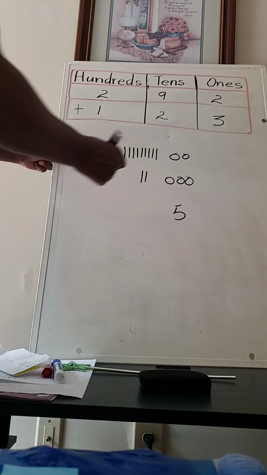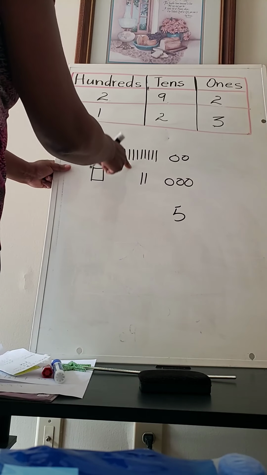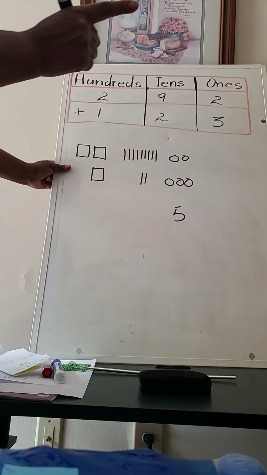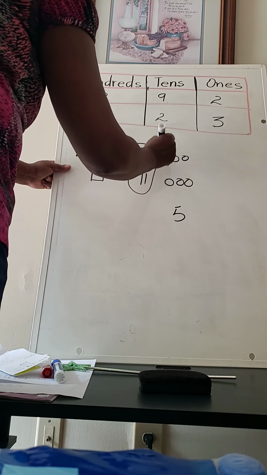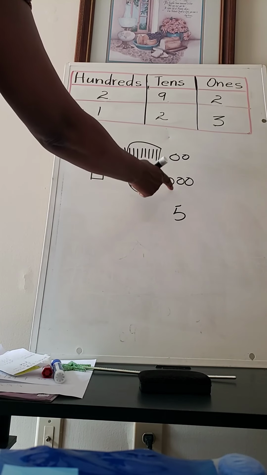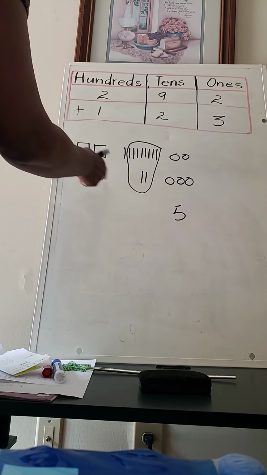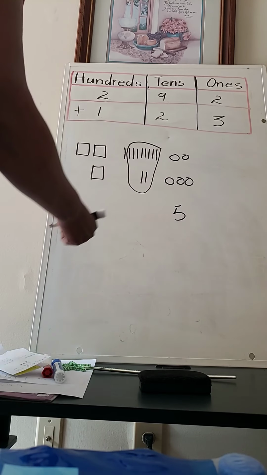Once again, we have 11 tens. Can we make a 10? If we make a 10 from this 10, the 10 that we make would be 100. This group would be 10 tens, and 10 tens make 100. Remember, each place is greater than the previous place by 10. It's 10 times. Okay?